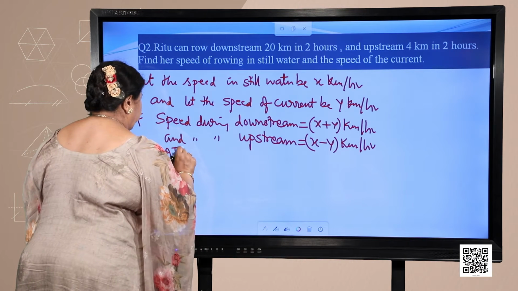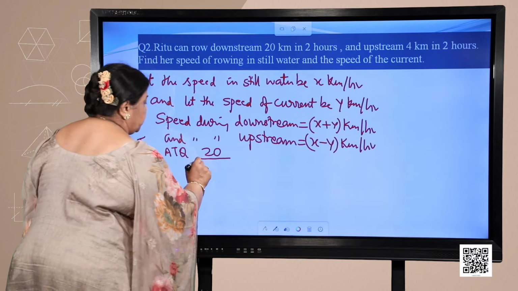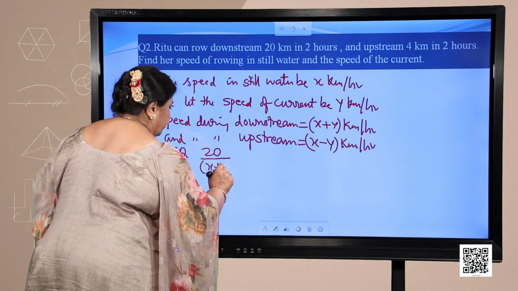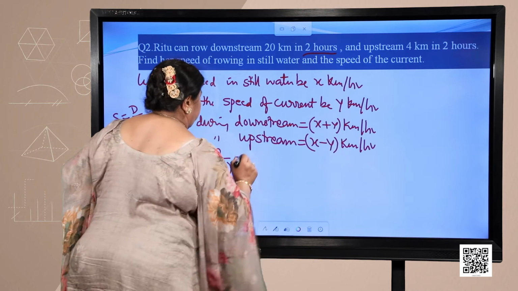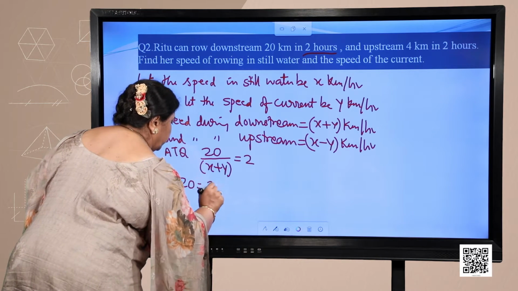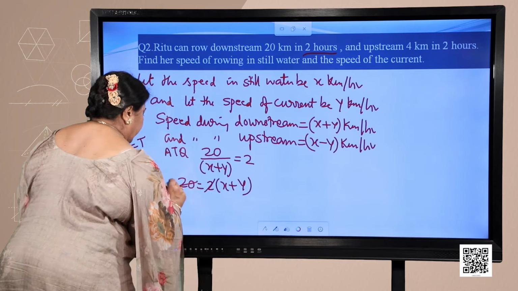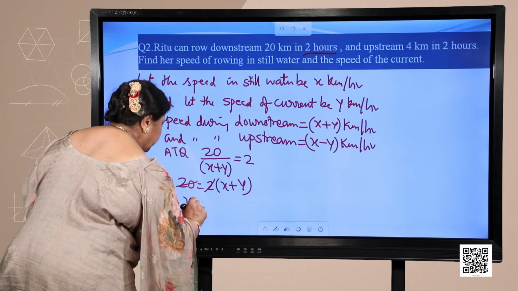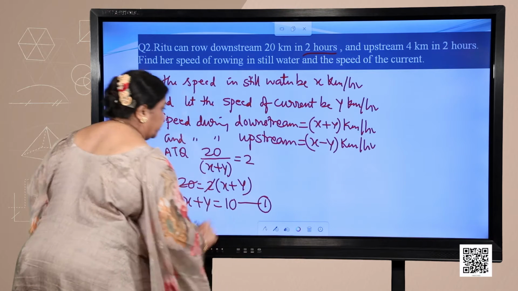According to question, 20 kilometers by downstream speed x plus y is equal to time taken, which is 2 hours. So, we can cross multiply, we get 2 into x plus y. 2 we can take common. So, first equation reduces to x plus y is equal to 10.